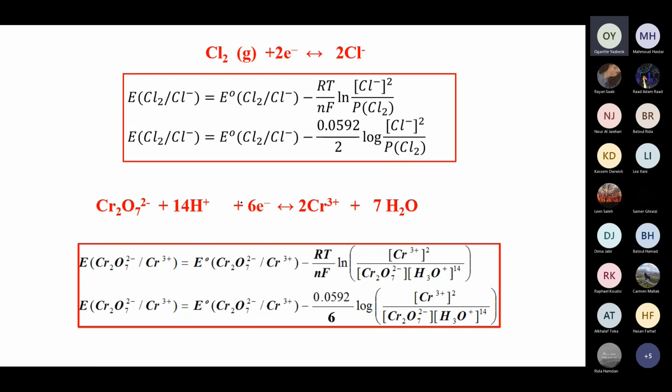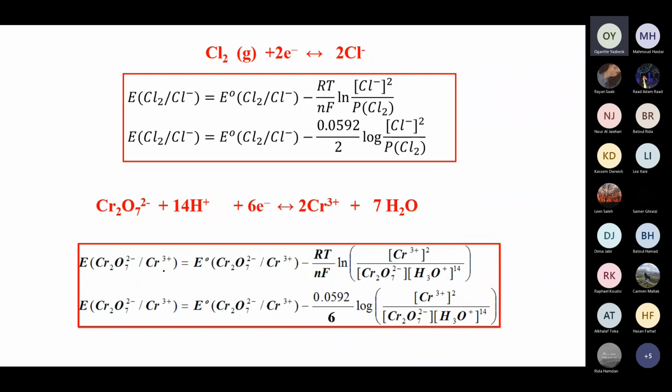No matter what I have, I must have a balanced equation. That's something on its own. E of the Cr2O7 2- over Cr3+ equals E naught of the Cr2O7 2- over Cr3+.